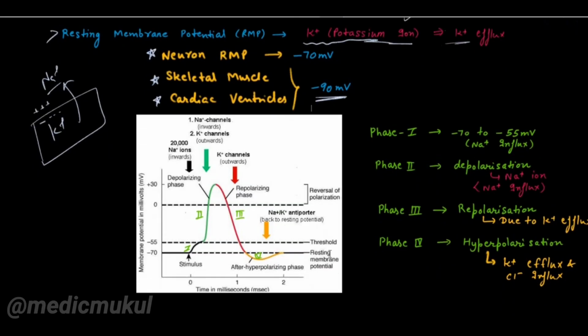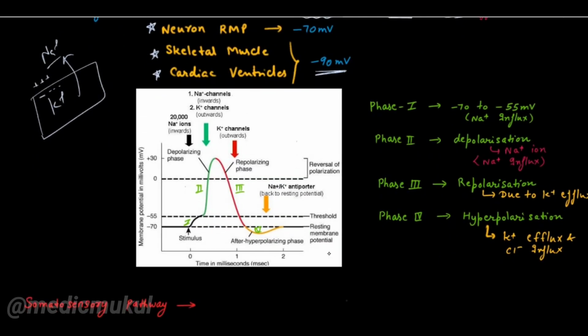You can check the diagram here, membrane potential versus time. The neuron resting membrane potential is minus 70 millivolts. When the stimulus arrives, a very low amount of sodium influx comes in from outside, from minus 70 to minus 55 millivolts. We call this phase 1. Next, there is rapid sodium influx.